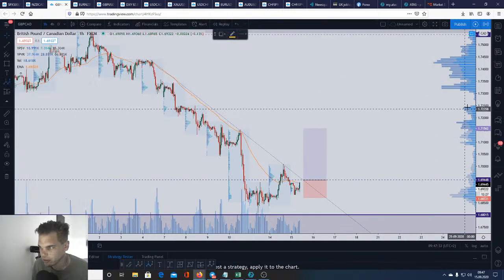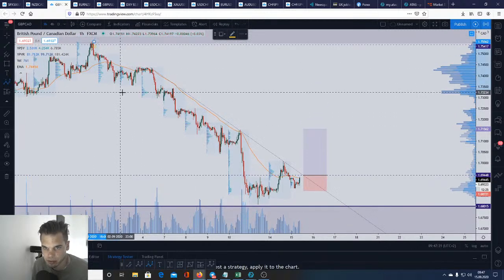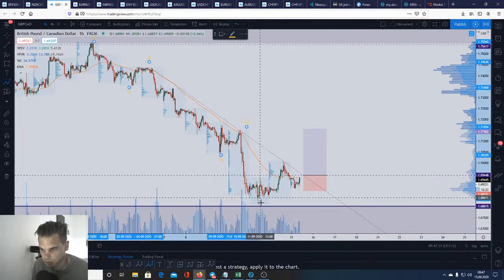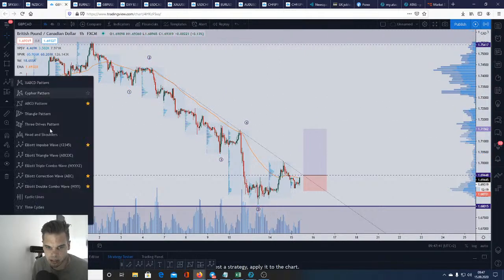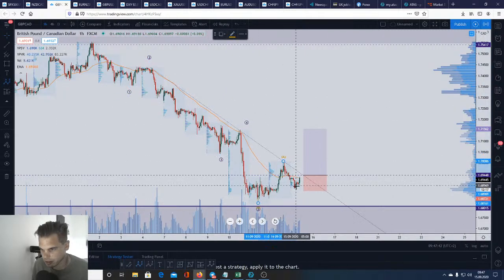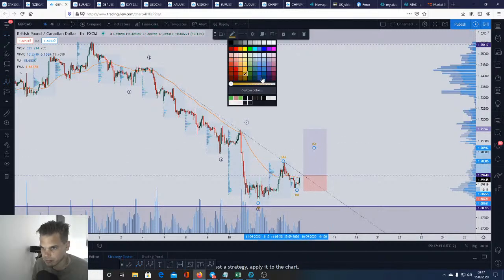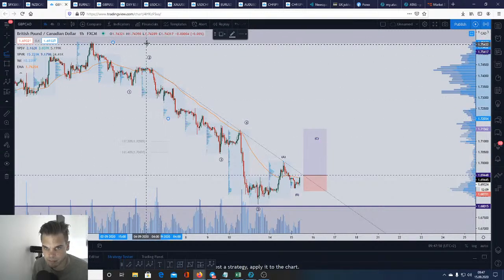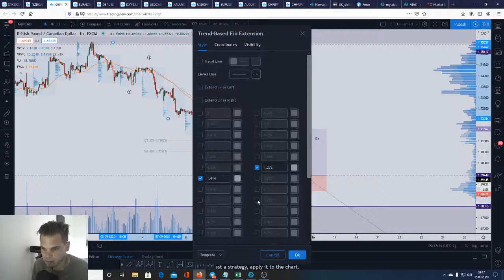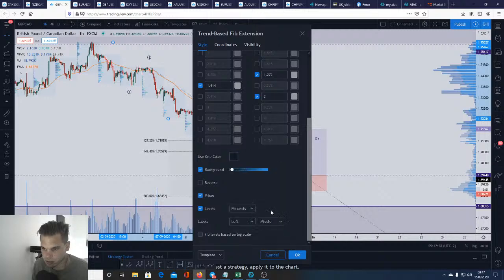When I look at the wave patterns, I would have to count the waves, but it's 1 2 3 4 5. Then it could show us an A B C pattern. Could.